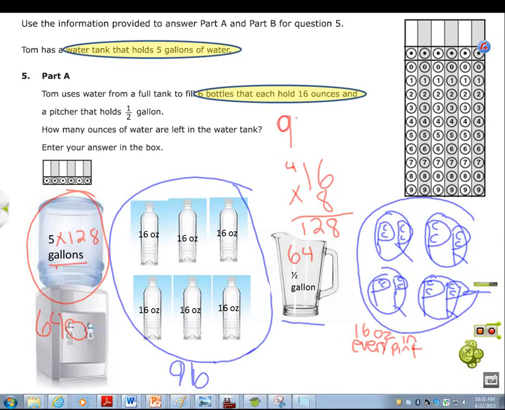So you want to write that down. Okay, so 96 plus 64 equals 160. Okay, now what's left to do?